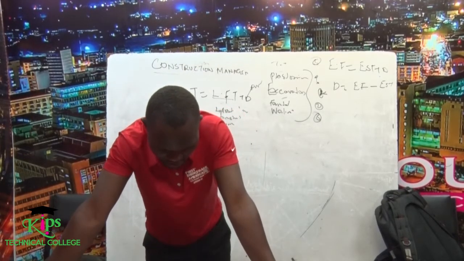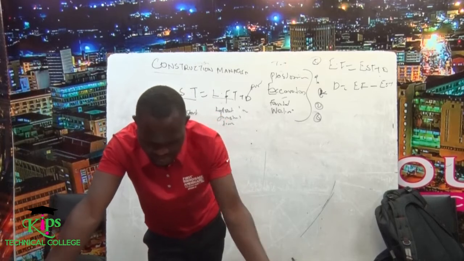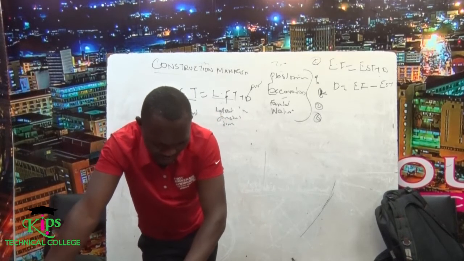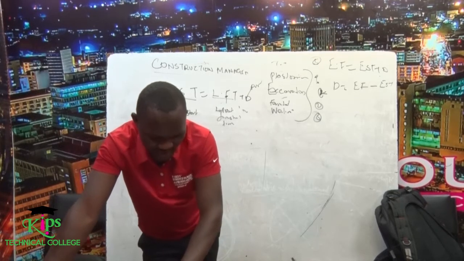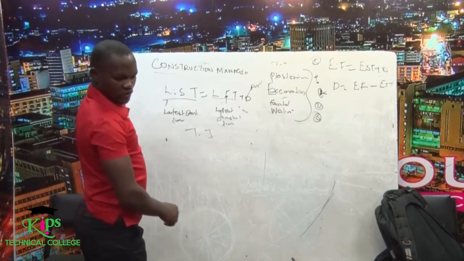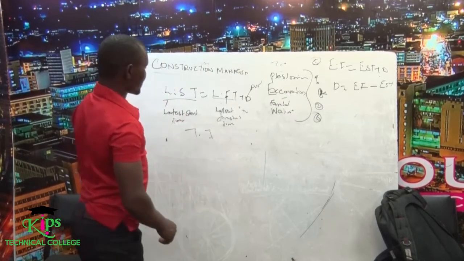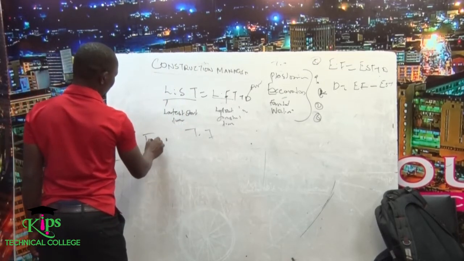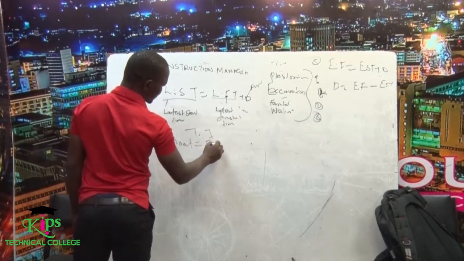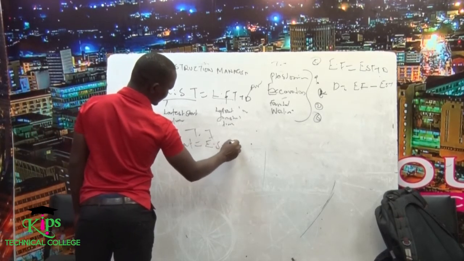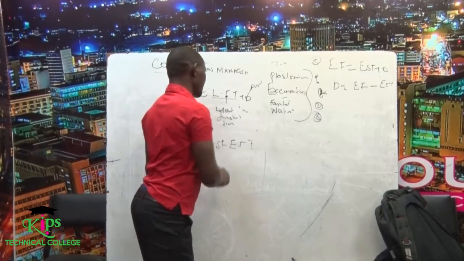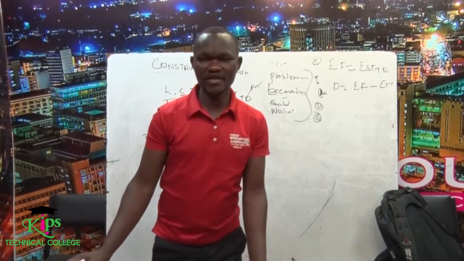Then we have the free float, which is the amount of time by which the activity can be delayed without delaying the earliest start of the next activity. Free float is equal to earliest start time minus earliest finish time.